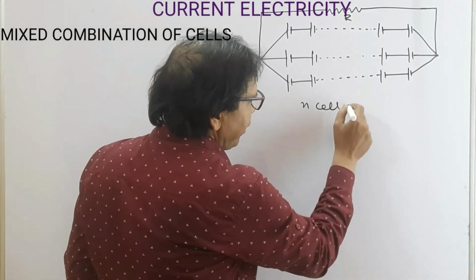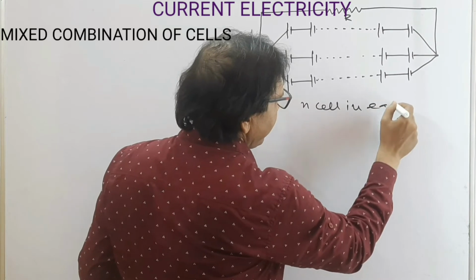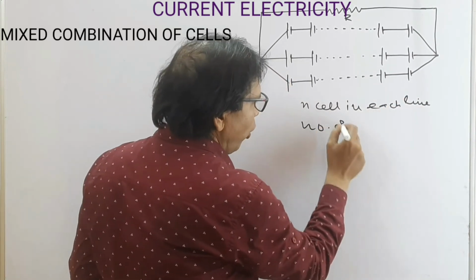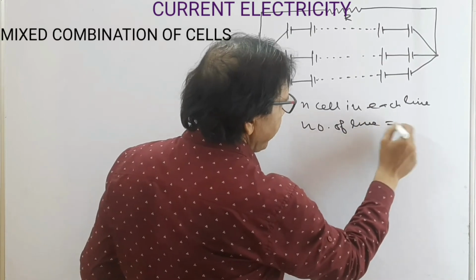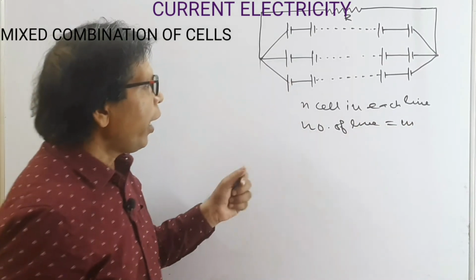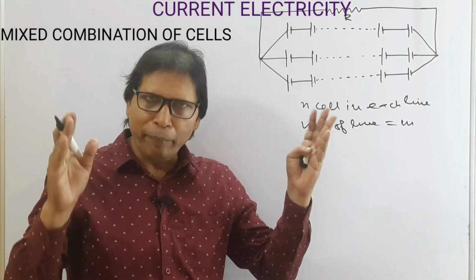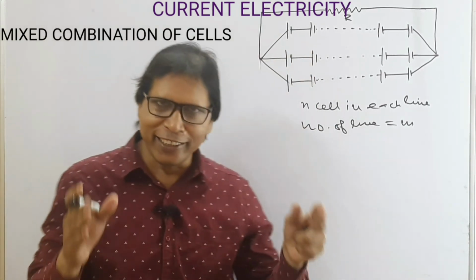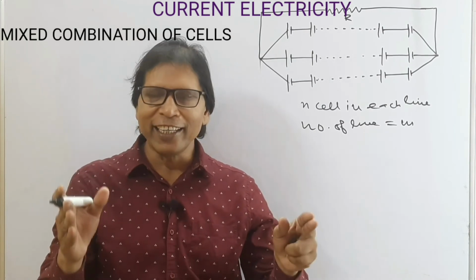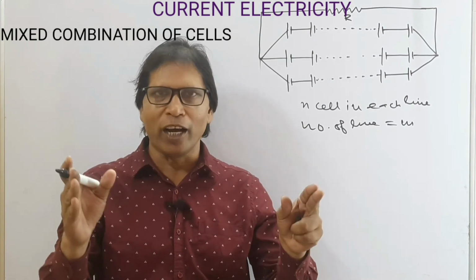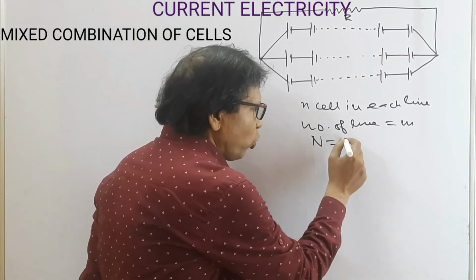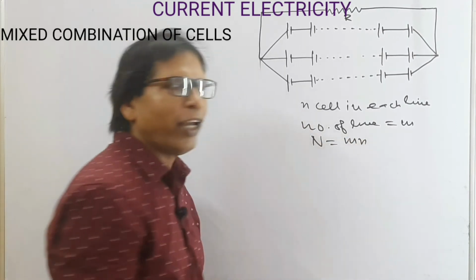N cells in each line and number of lines equal to m are connected in mixed combination. The EMF of each cell is E and internal resistance is r. So total number of cells N equals m into n.